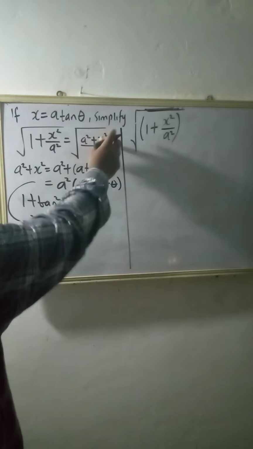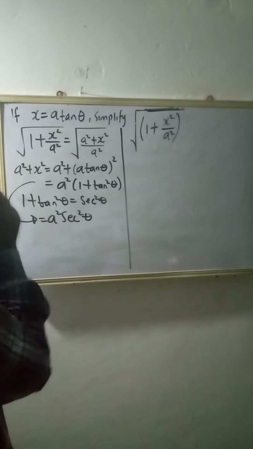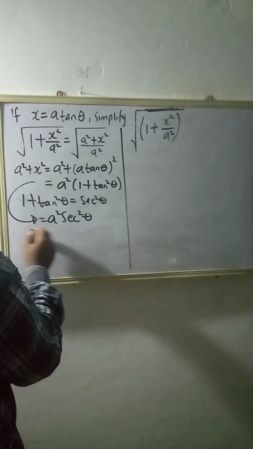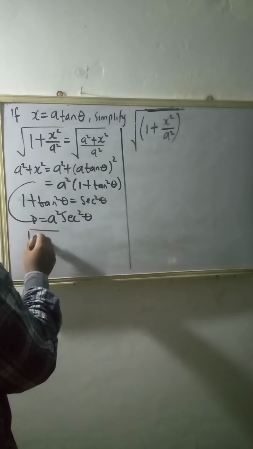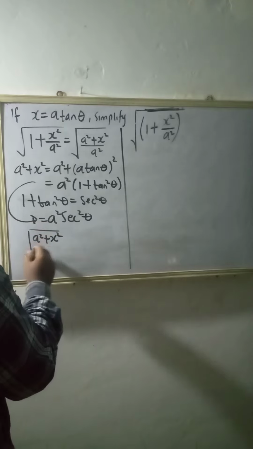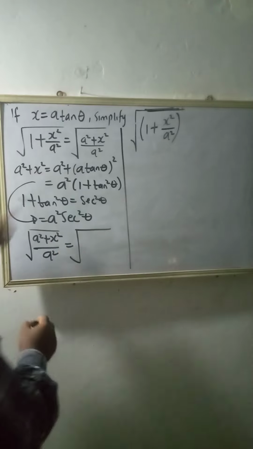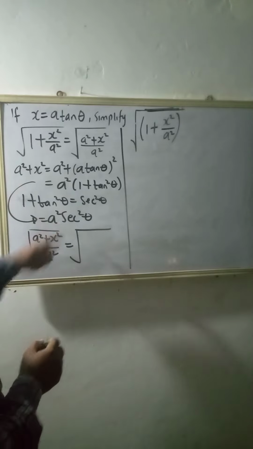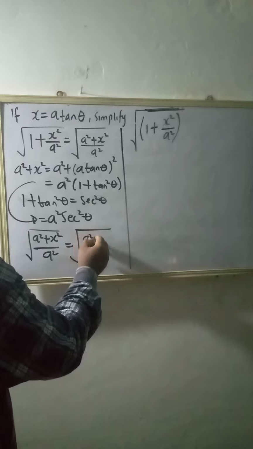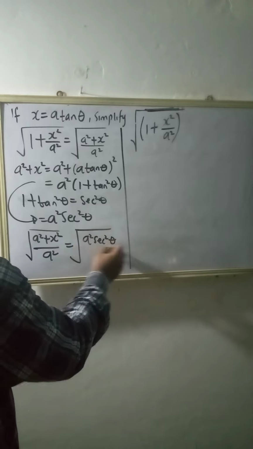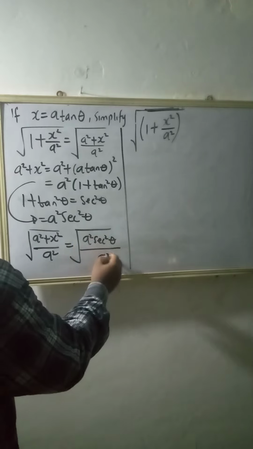Since I know what a squared plus x squared is, this fraction, the square root of a squared plus x squared over a squared, should now become the square root of a squared sec squared theta over a squared.